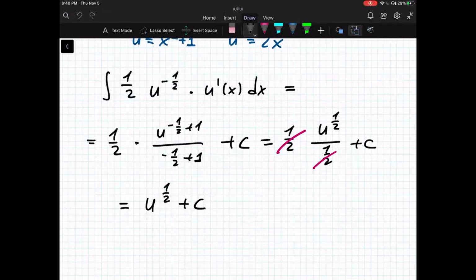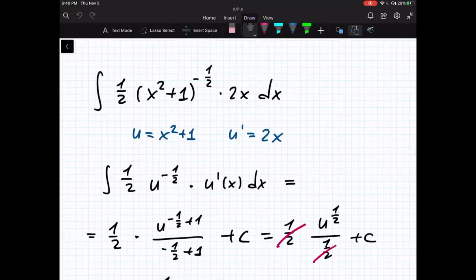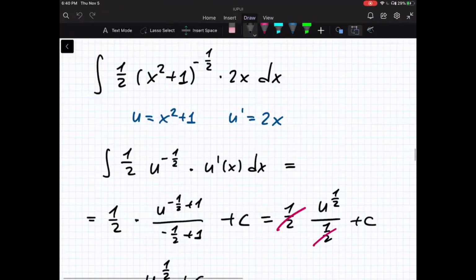But I need to make one more step, because now I have an answer in terms of u, while initially I had an integral in terms of x. So now I need to substitute back.